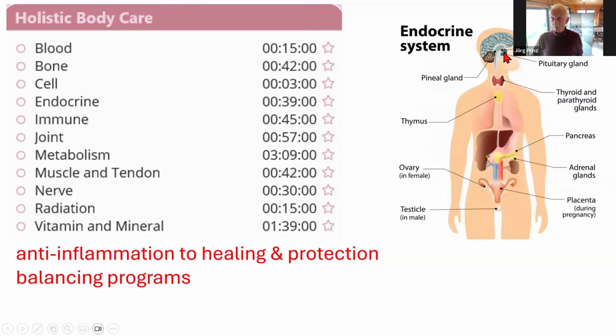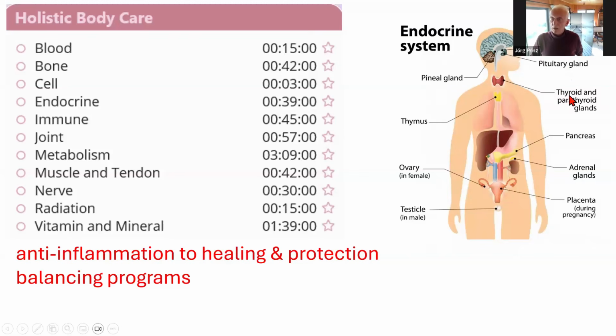The endocrine system is actually regulated by two main glands, the pineal gland and the pituitary gland, together with the hypothalamus. They do the biofeedback. They figure out this hormone is missing, so produce more. This one is too much, you can stop or do something against it. But again, you need the building blocks for it.